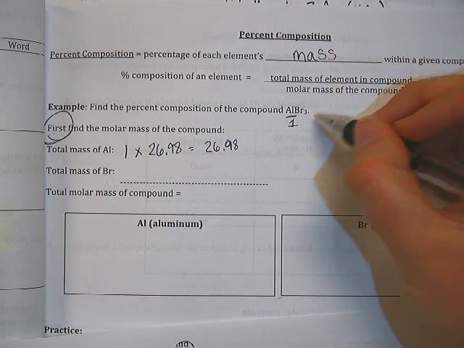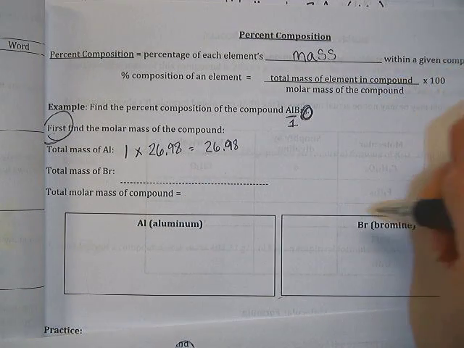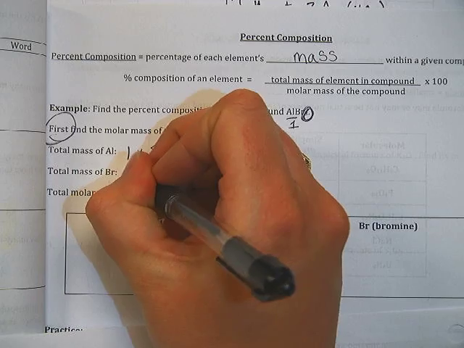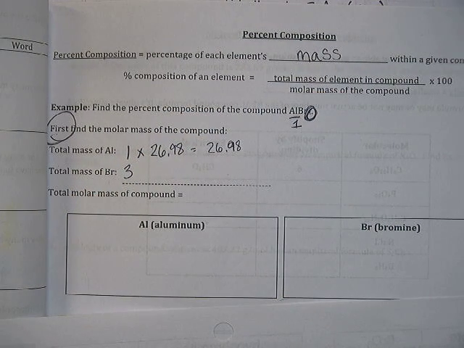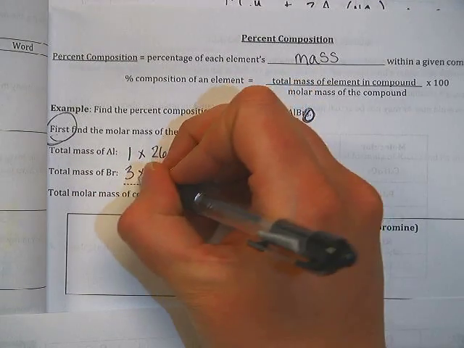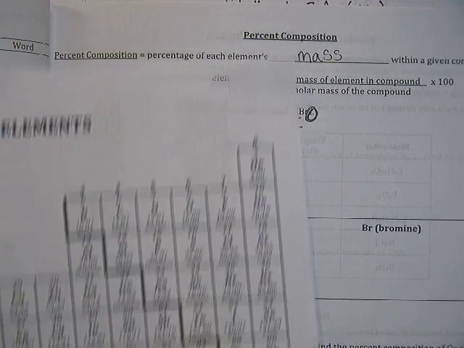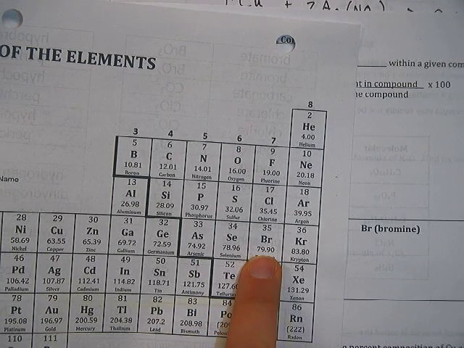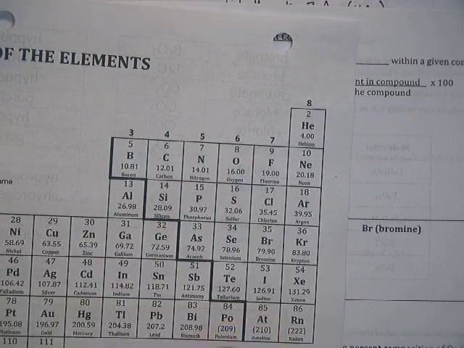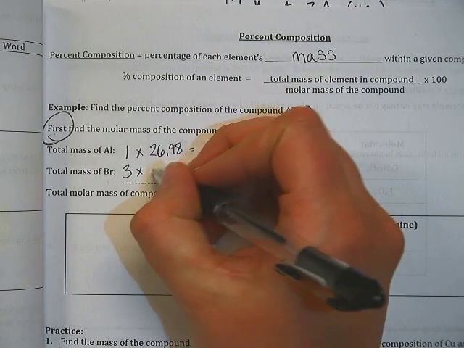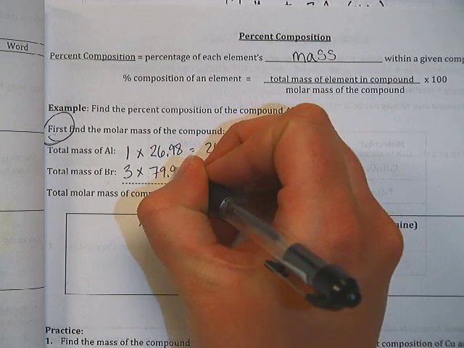For bromine, there were 3 of them in AlBr3. So I'm going to take 3 times however many bromines there are. 79.90 is the mass of bromine. So 3 is how many bromines there are times their mass, 79.90.